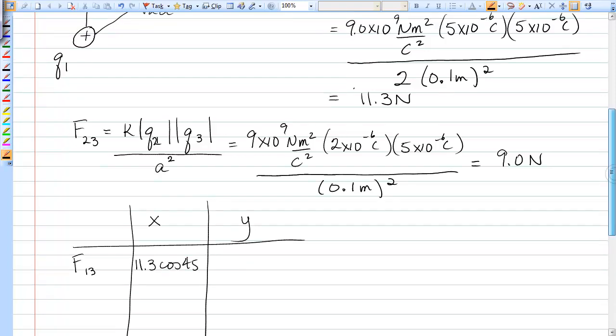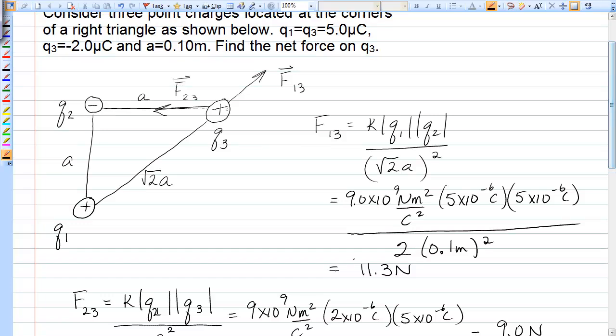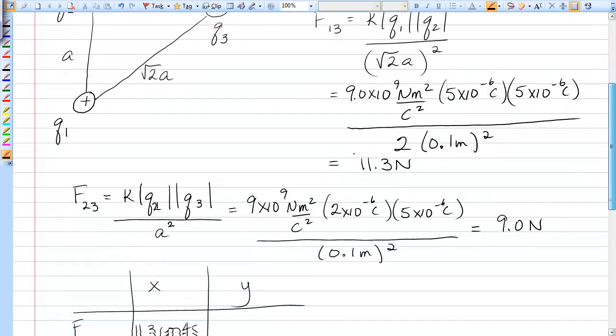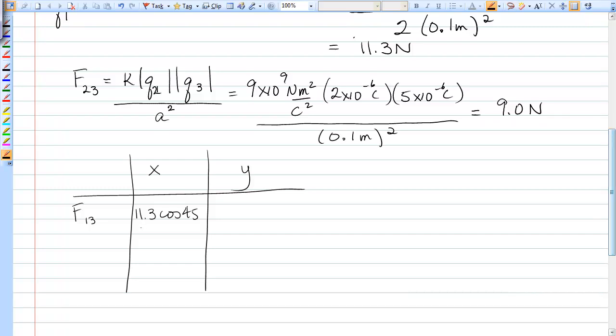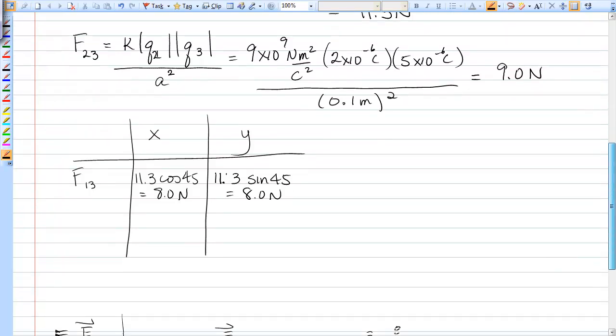And that 45 degrees comes from the fact that this vector is 45 degrees above the x-axis. So the x component is 11.3 cos 45, which is equal to 8 newtons. And the y component is 11.3 sine 45, which is also equal to 8 newtons. And both those components are positive because they're in the first quadrant.